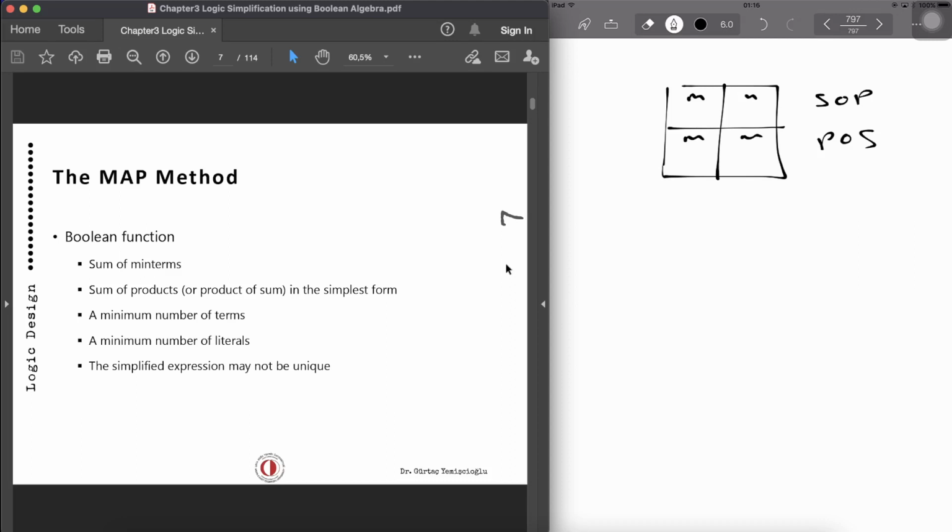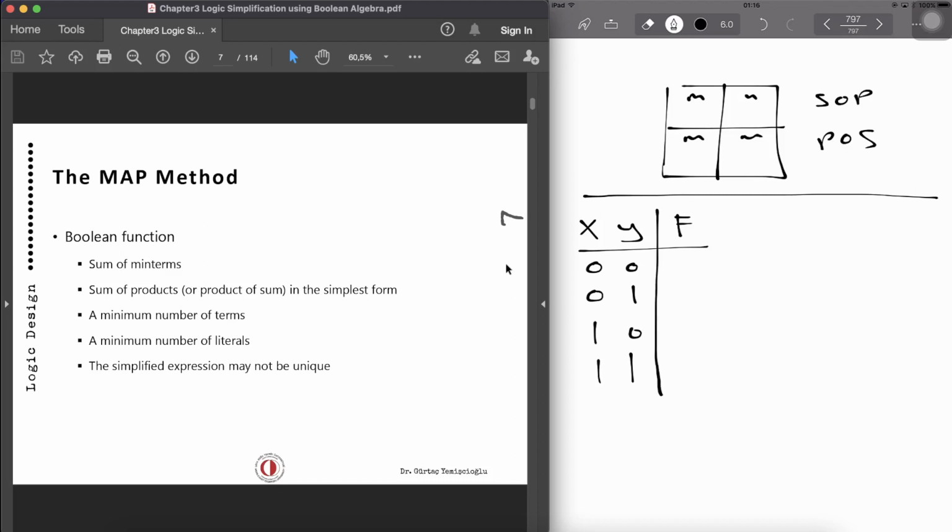So let's start with a simple example with the two variable maps. I will translate this with the truth table. Let's say I have inputs x and y and output f: 0 0, 0 1, 1 0, and 1 1. Now we'll have a set of outputs, but how are those inputs and outputs going to be translated?